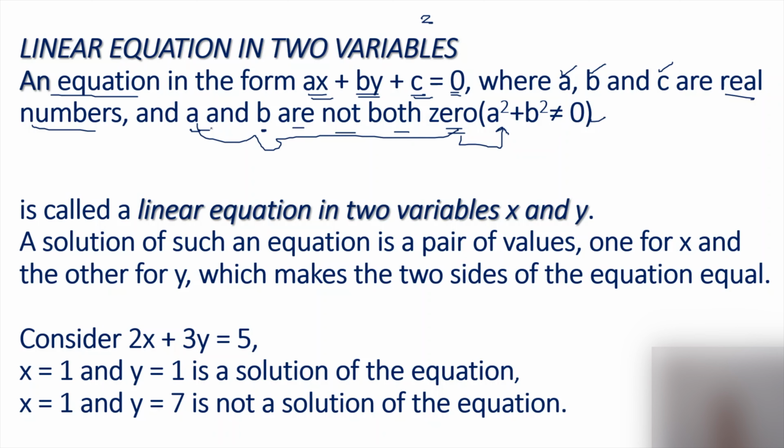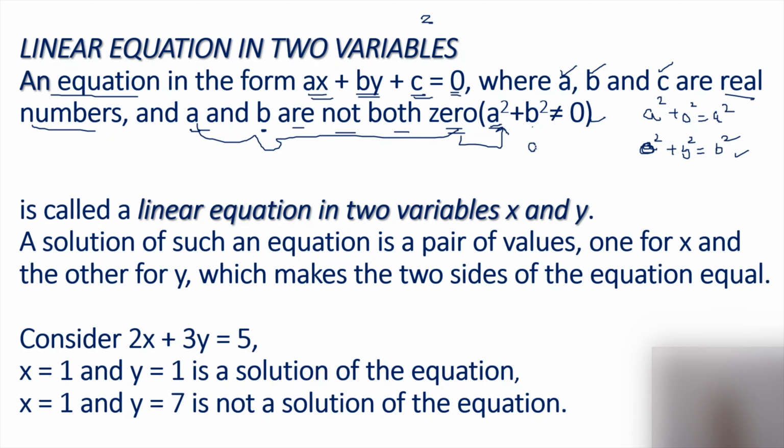Let us consider if a is not equal to 0, a is any number, then its square also cannot be 0. And if possible b is equal to 0, then a square plus 0 is equal to a square only. And if a is equal to 0 and b is not equal to 0, then a square plus b square means 0 square plus b square, that is equal to b square.